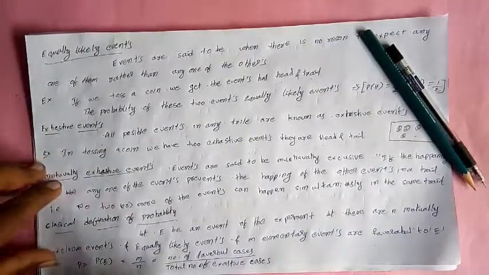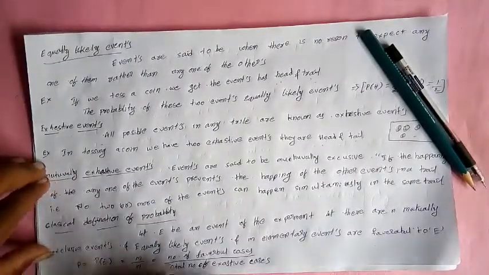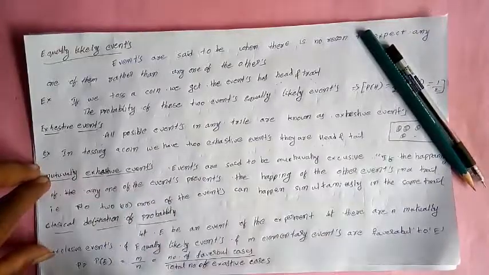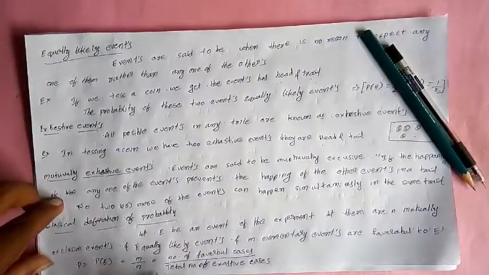This is the most important formula going forward. We will use this formula in the next problems. m is the number of favorable cases, and n is the total number of exhaustive cases.